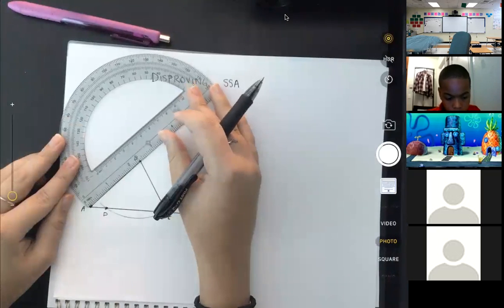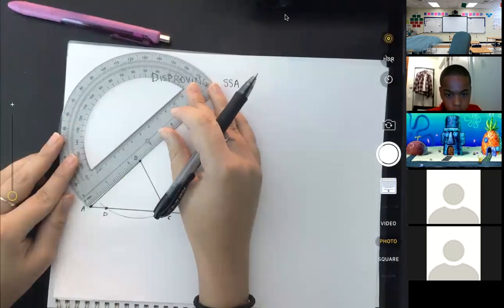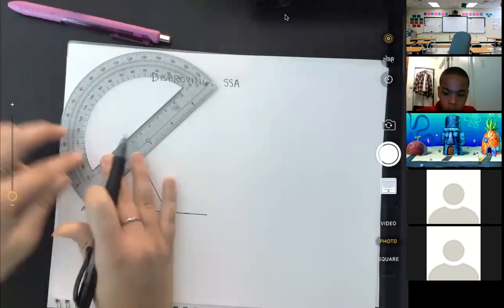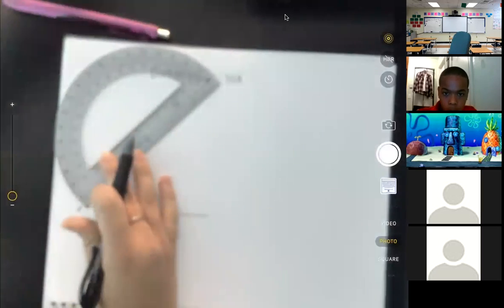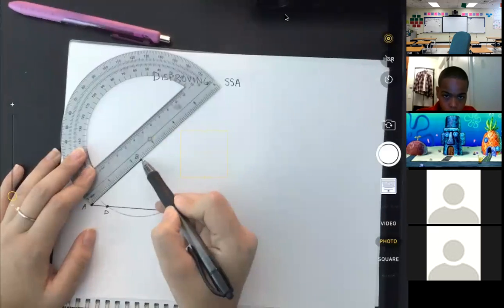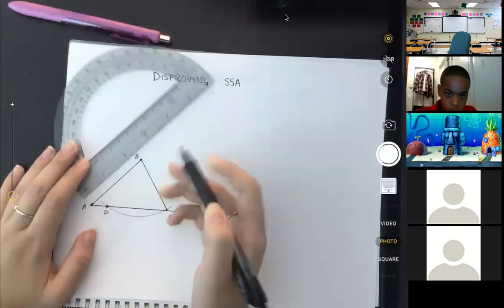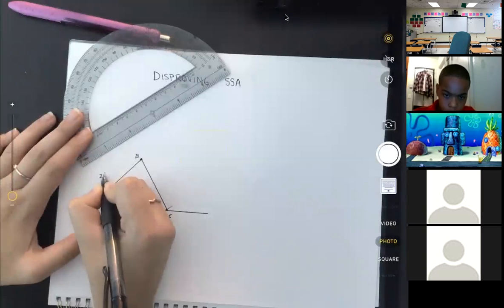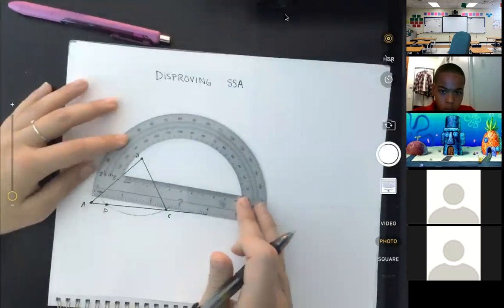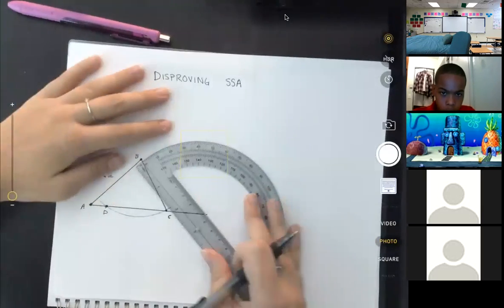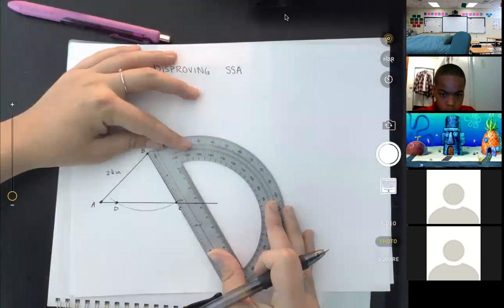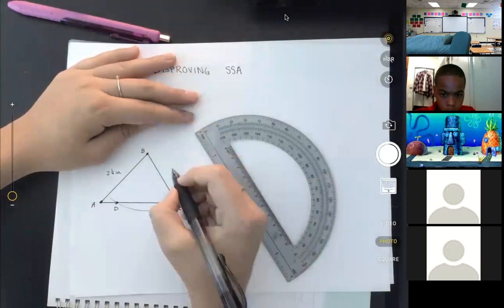That's about 2, and this is a half, this is a quarter, so I'm going to call that 2.25 inches. I'm going to measure BC. BC is pretty much exactly 2 inches.